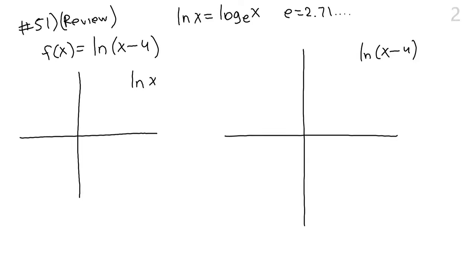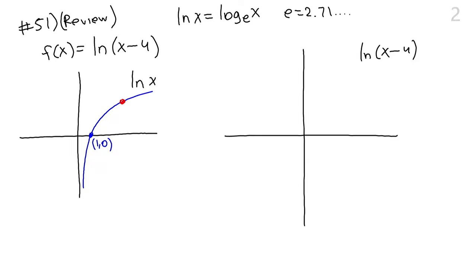So the natural logarithm, the base e is greater than 1. The graph of the natural logarithm is going to look like this. This point is (1, 0).